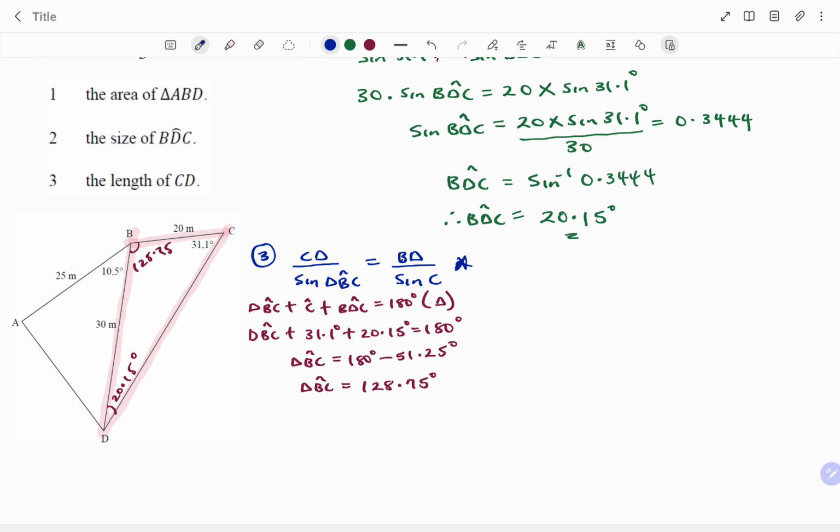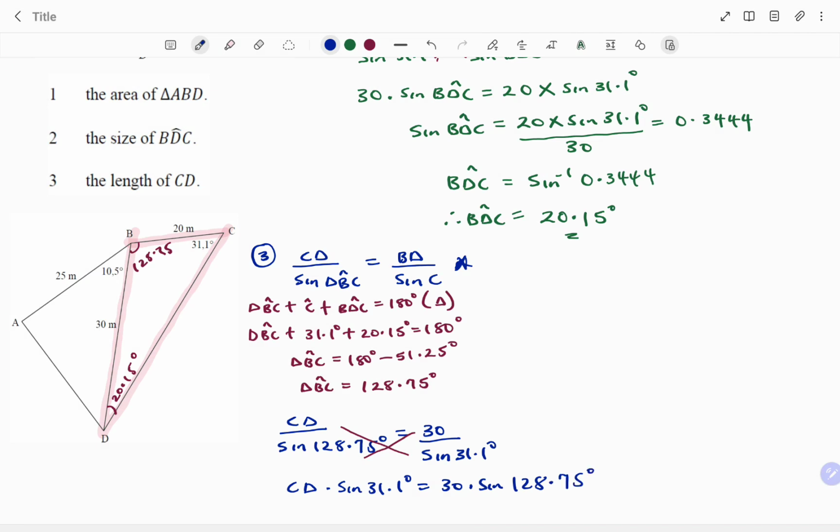So now that we know our angle, I'm going to go back to the formula. I have CD, which is the side I'm looking for, over sine of 128.75 degrees equal to the line BD, that's 30, divided by sine of the angle facing BD, that's 31.1 degrees. Like I did earlier, I'm going to cross multiply. So I have CD times sine 31.1 degrees equals 30 times sine 128.75.